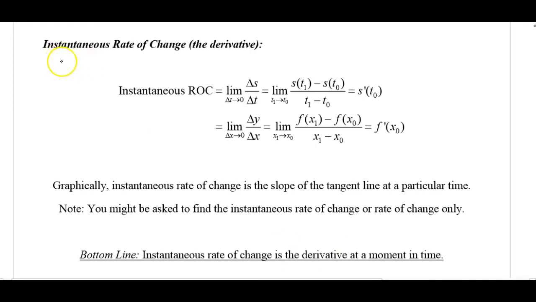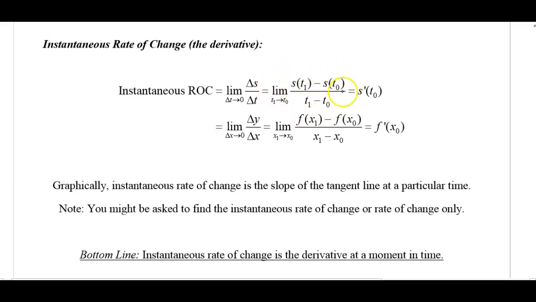Alright, so now to formalize instantaneous rate of change, or really just the derivative. Instantaneous rate of change is the limit as delta t, or the change in time, approaches 0 of the difference quotient delta s over delta t, or the limit as t1 approaches t0 of s of t1 minus s of t0 over t1 minus t0.